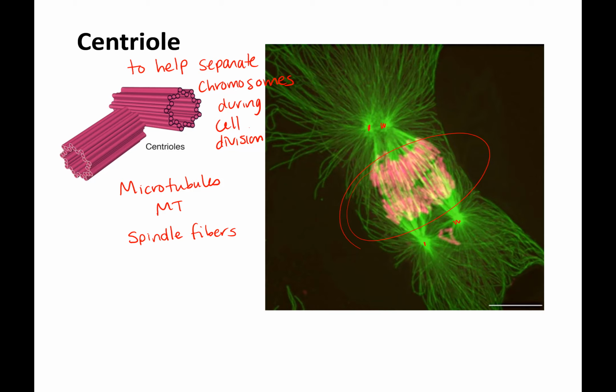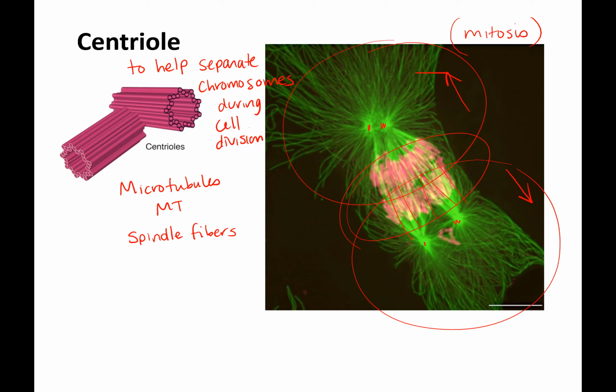And so what it's showing you in this image is that these microtubules are grabbing on to the DNA chromosomes, and then they're eventually going to move to opposite directions in the cell and separate those chromosomes and eventually make two cells. So that's mitosis, and we'll talk about that towards the end of the semester.